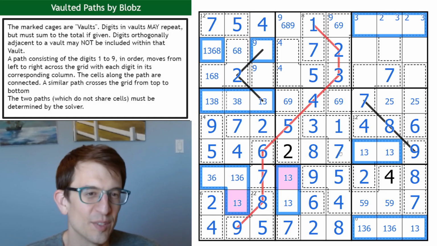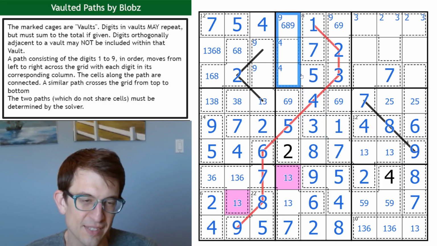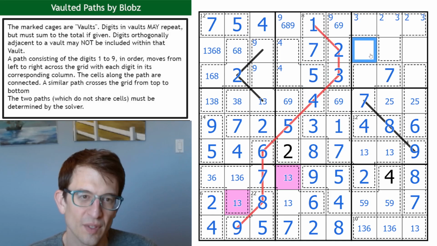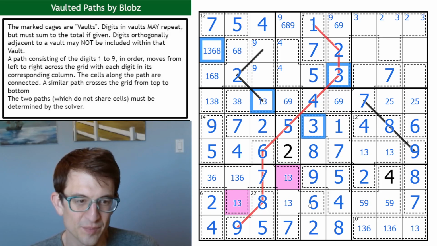Okay, that's not it. 4, 8, and 6 or 9. Is there anything wrong with like this is 3, this is 3? I don't think so.